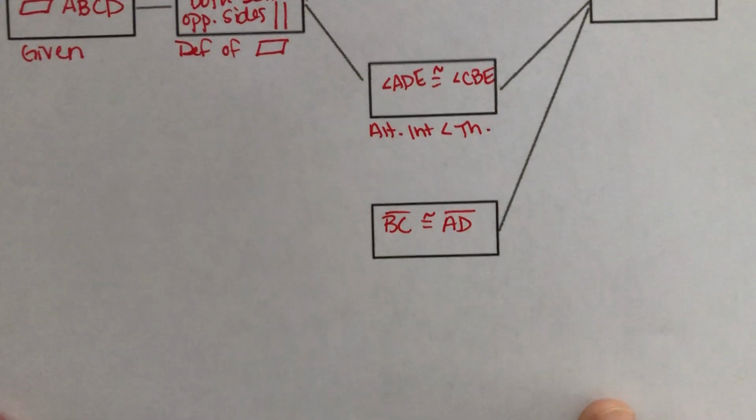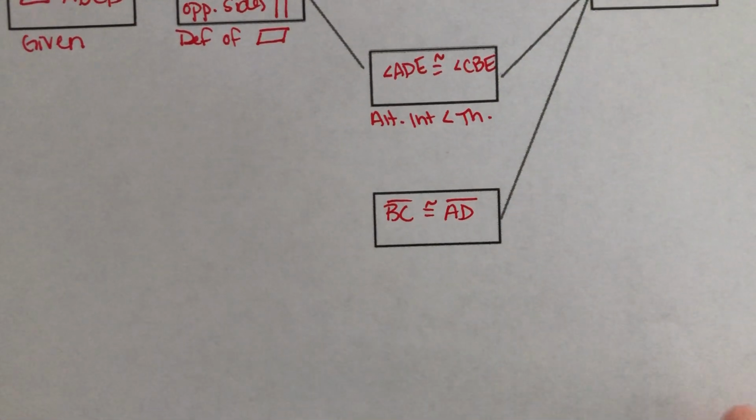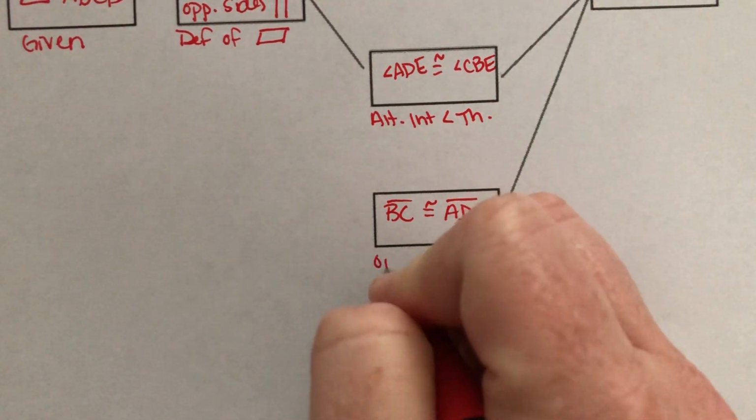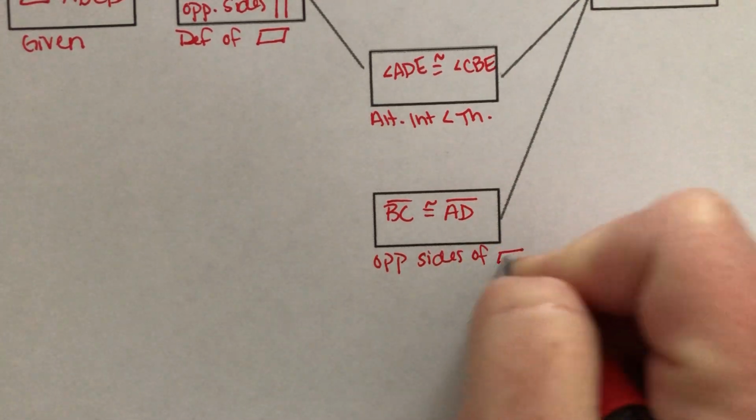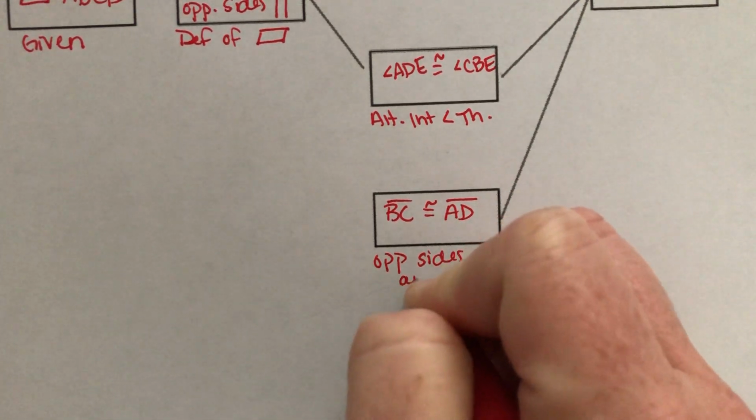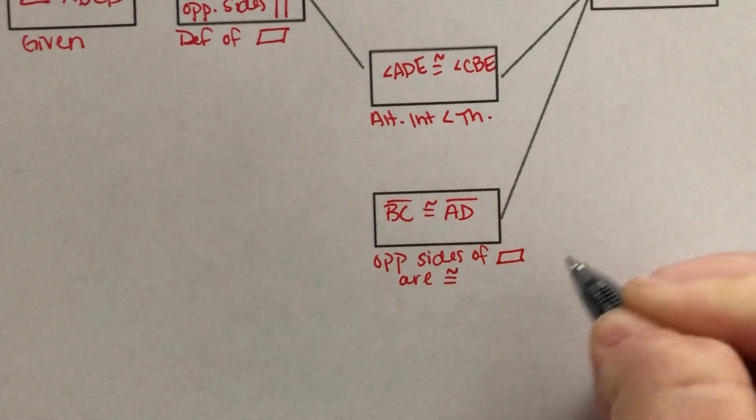And that theorem didn't really have a shortcut name, but it just said in a parallelogram, opposite sides are congruent. So we'll say opposite sides of, draw a little parallelogram, are congruent.